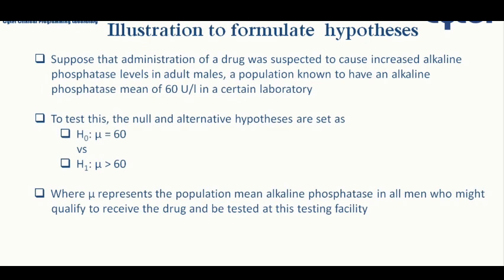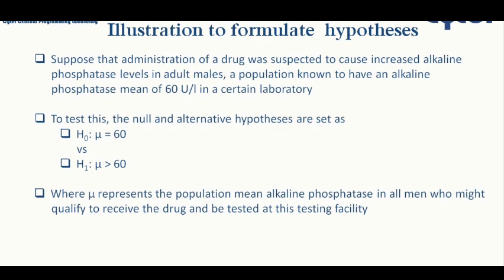Welcome back to the session on statistical inference part 1. In the earlier part of this session, we have seen conceptually what we try to do or accomplish in statistical inference.